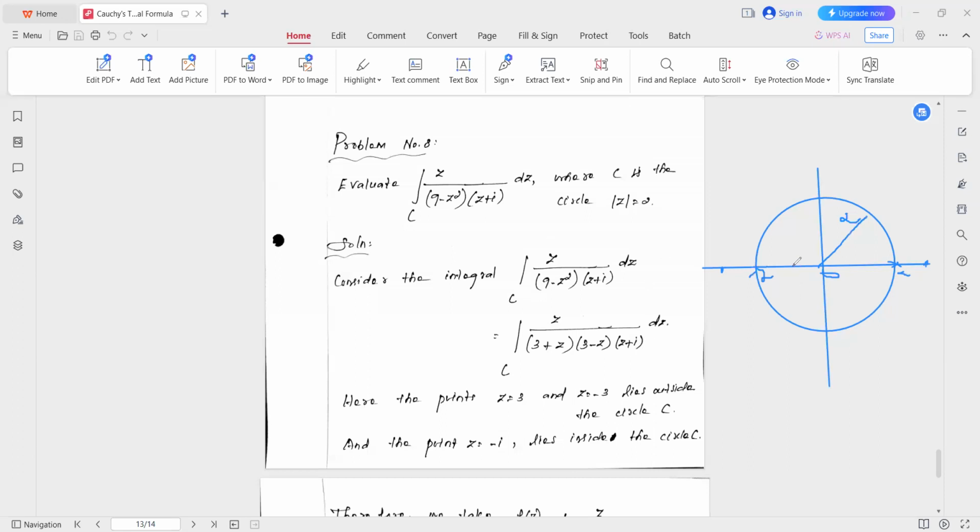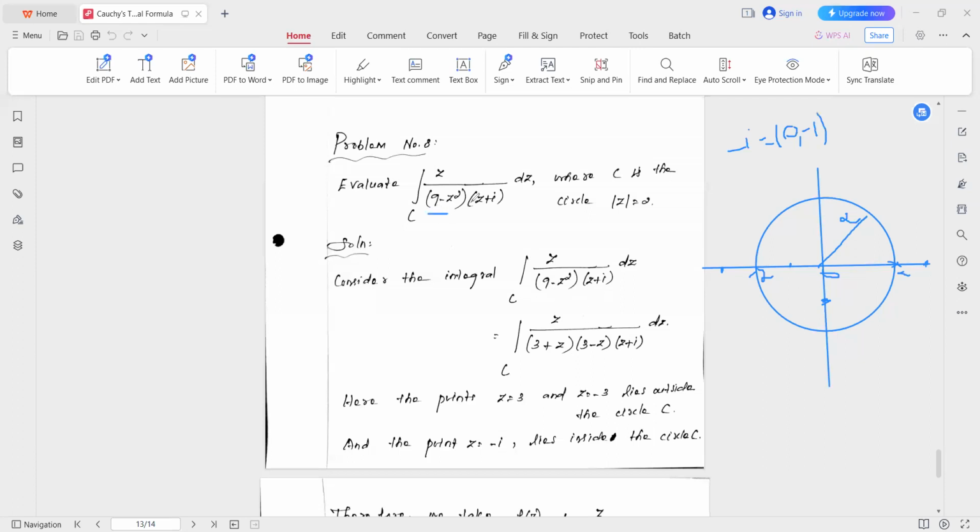The point minus i is 0 comma minus 1. It lies here, inside the circle, isn't it? So the 2 points which lie outside the circle are 3 and minus 3.